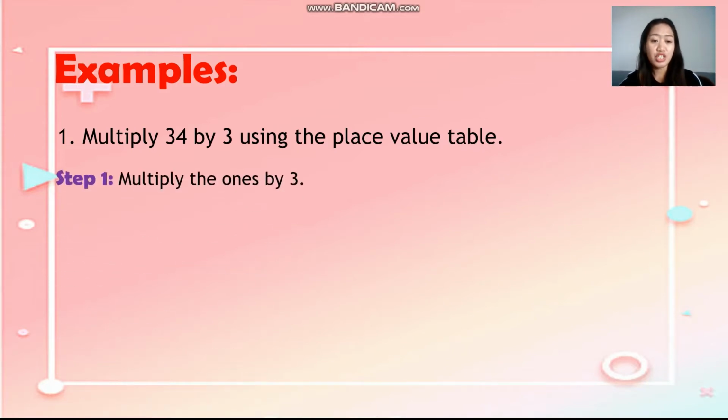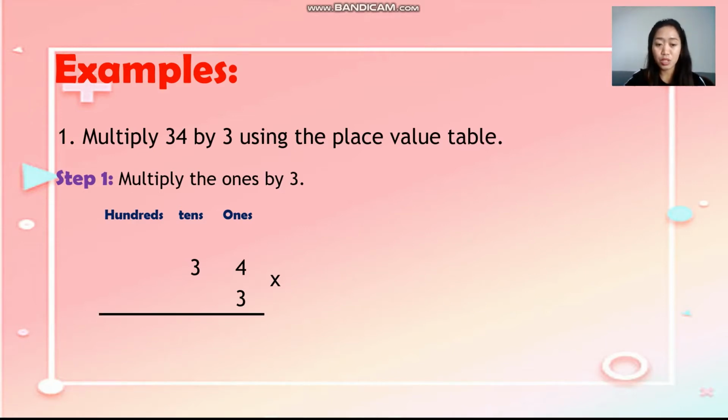Step 1, multiply the ones by 3. We have here 34 times 3.